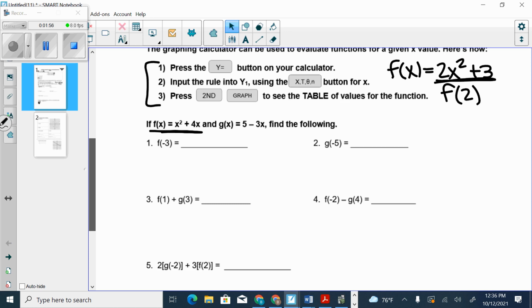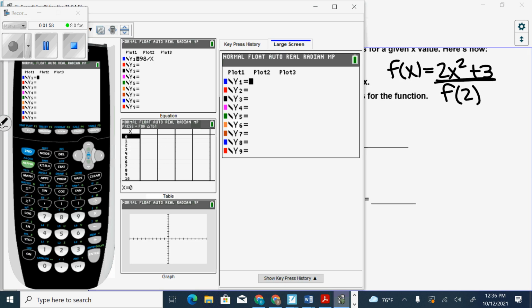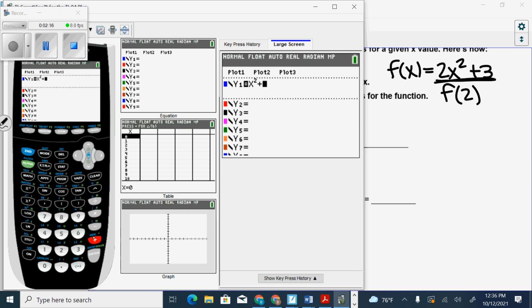Step 1 was to go in my graphing calculator and press y equals. In y1, I need to type in the rule or the equation. What was the rule for f of x? Right, so that's what I'm going to type in: x squared plus 4x.